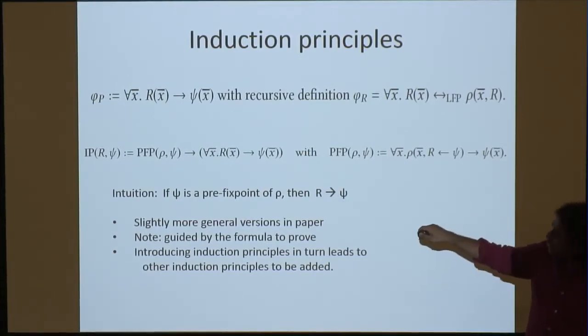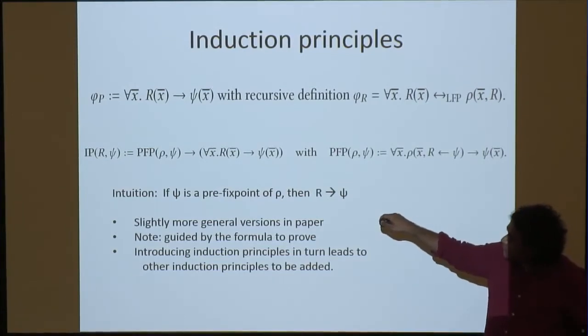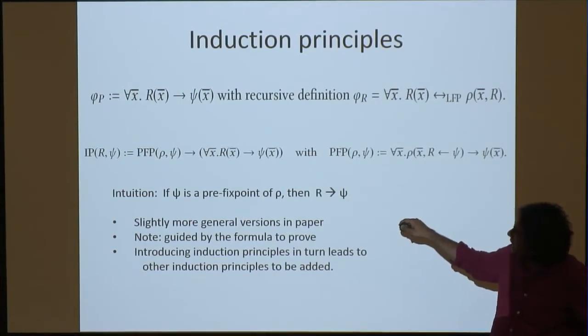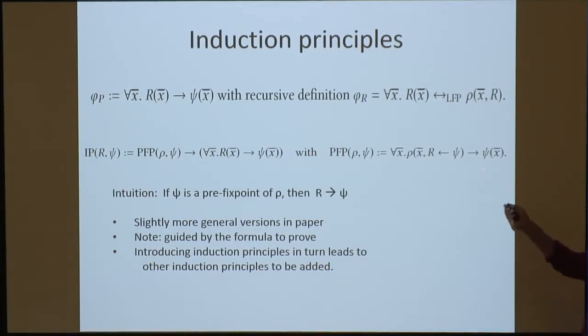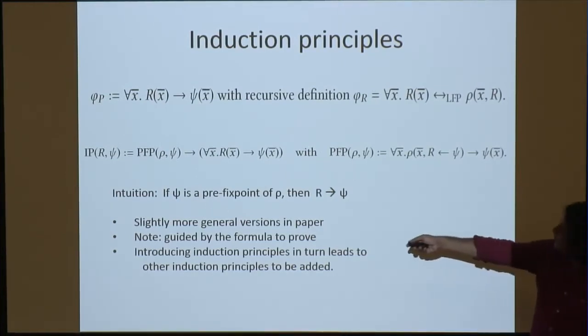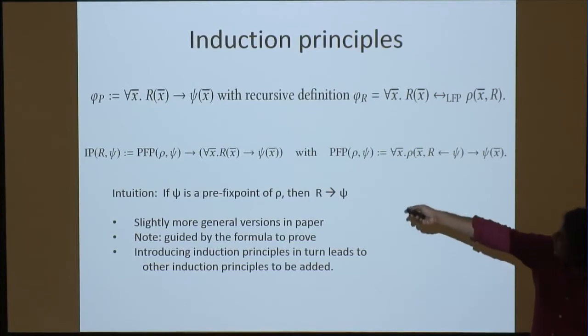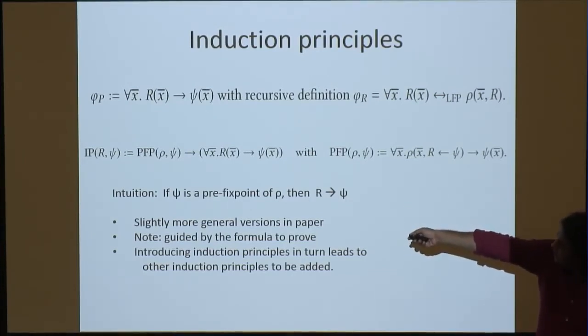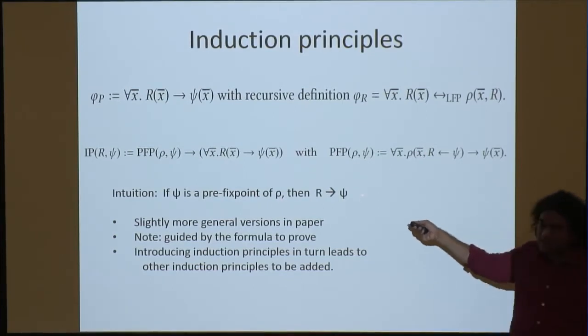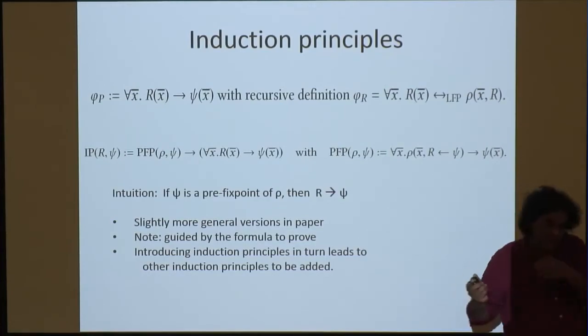Then what I do is introduce this induction principle, which basically says that for the partial fixed point of this operator, if psi, what I want to prove, is a prefix point of the definition of R, then R implies psi. Okay?